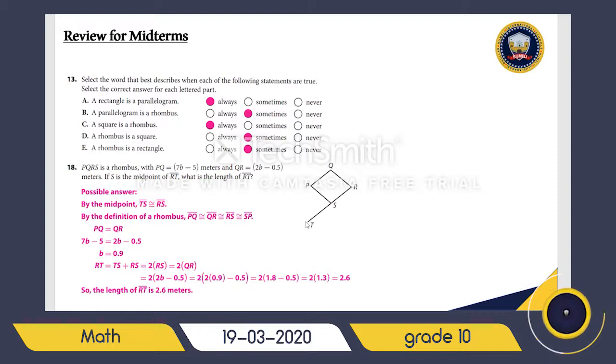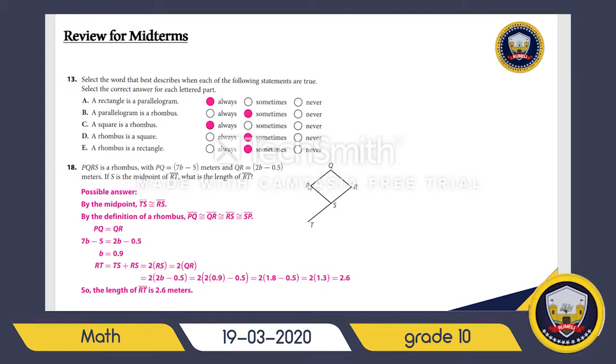Alright, can we use the properties of the rhombus to find the length of RT? How? From the definition of the rhombus, we know that all the sides are equal. First, I need to find b. So I would say PQ equals QR.